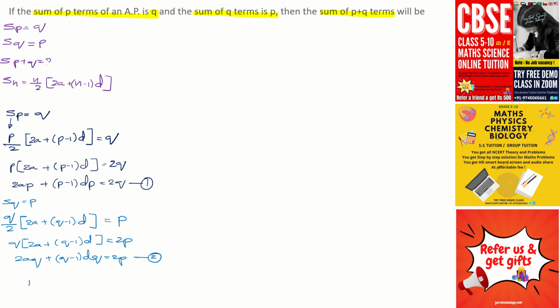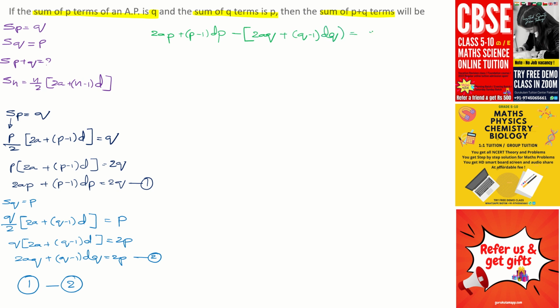Now what we are going to do is subtract equation 1 minus equation 2. So equation 1, what is inside the equation 1? It is 2ap plus (p minus 1) into dp, minus which value? 2aq plus (q minus 1) into dq.